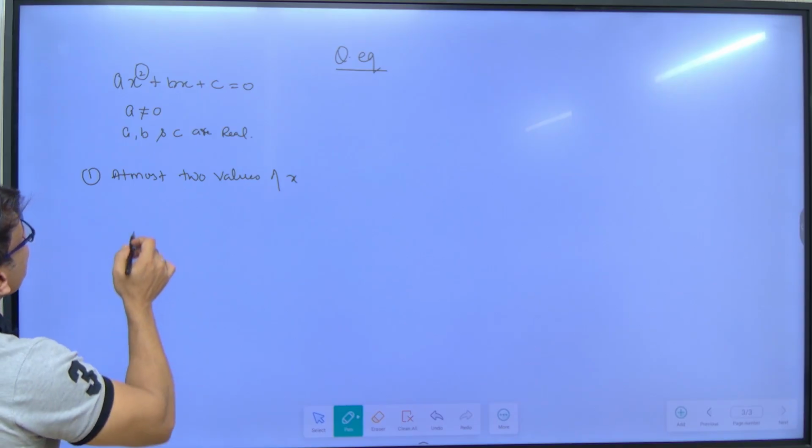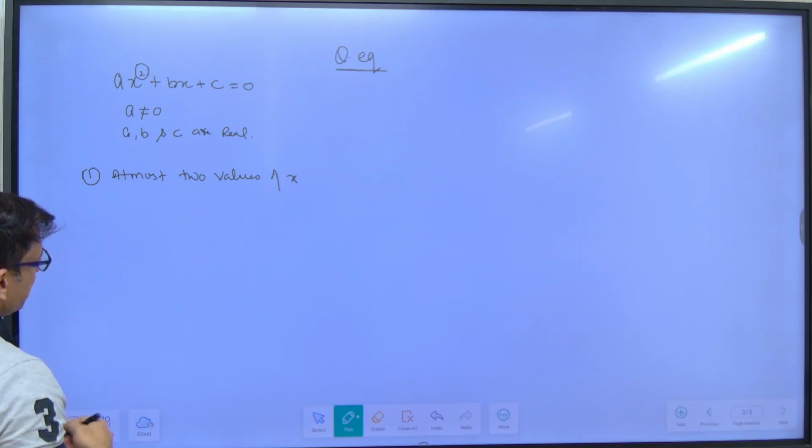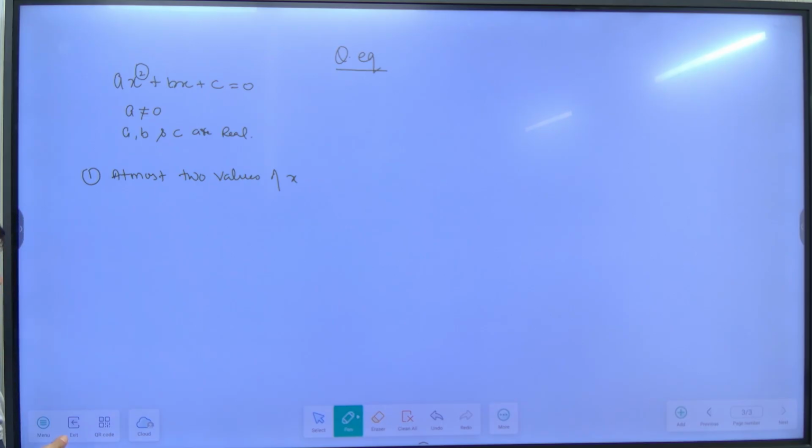Now, at most two values means there is a possibility that it cannot give you any real value of x, or it can give you two real values of x, or it can give you one value of x.